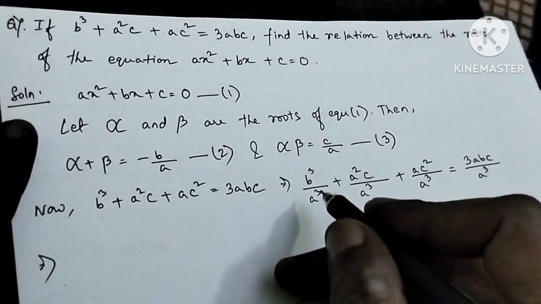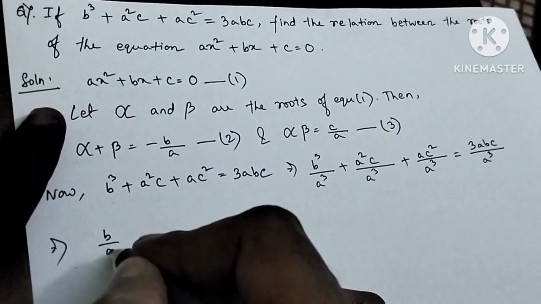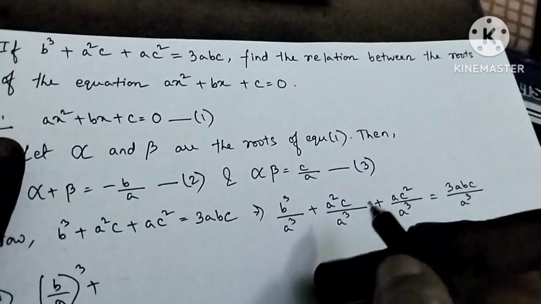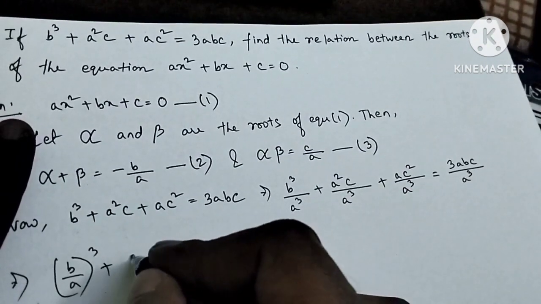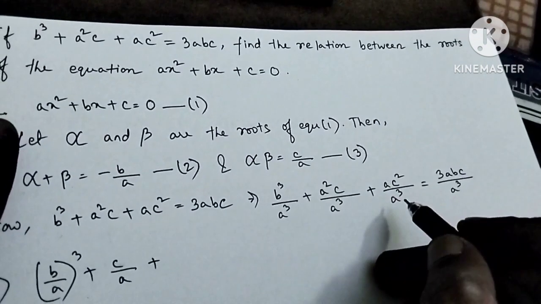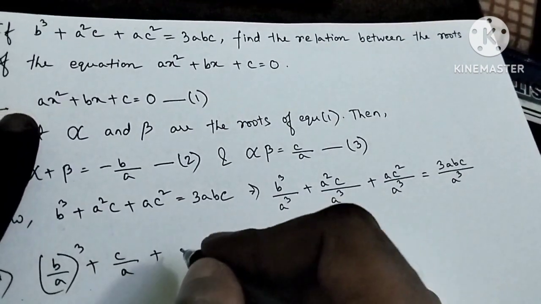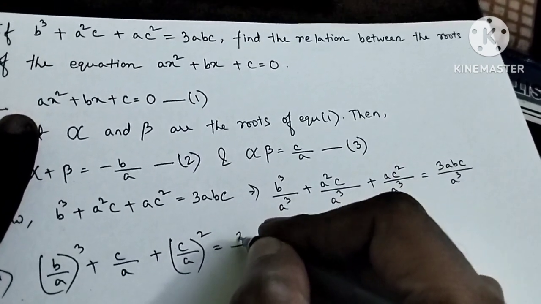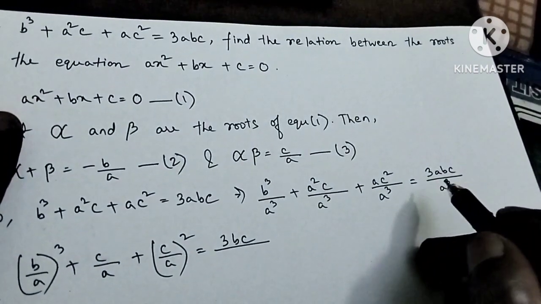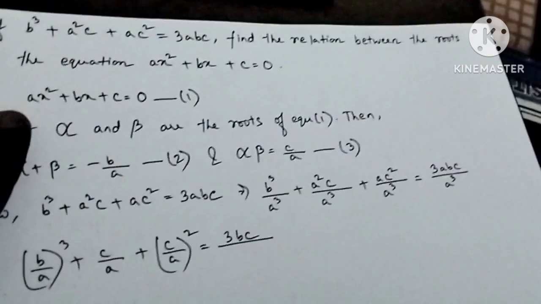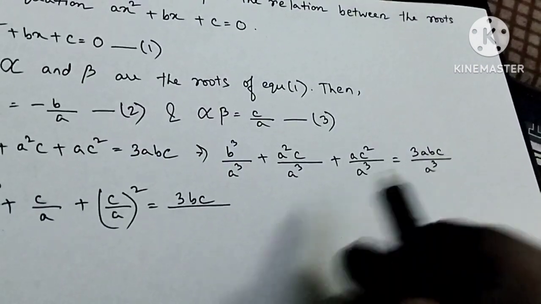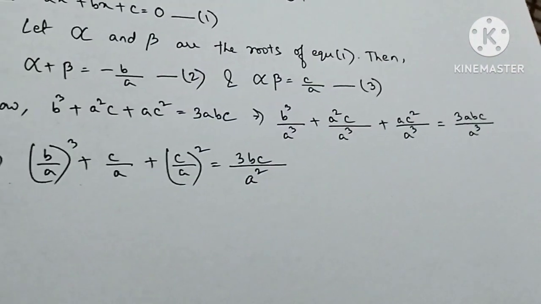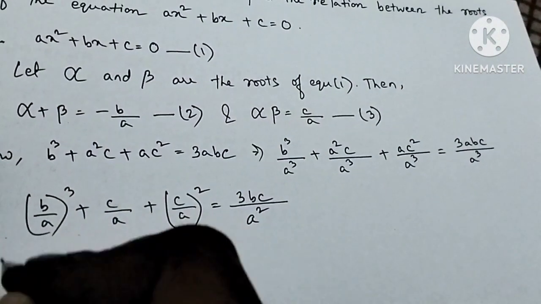So this can be written as b by a whole cube plus c by a plus c square by a square, that means c by a whole square, is equal to 3bc by a square. Clear?